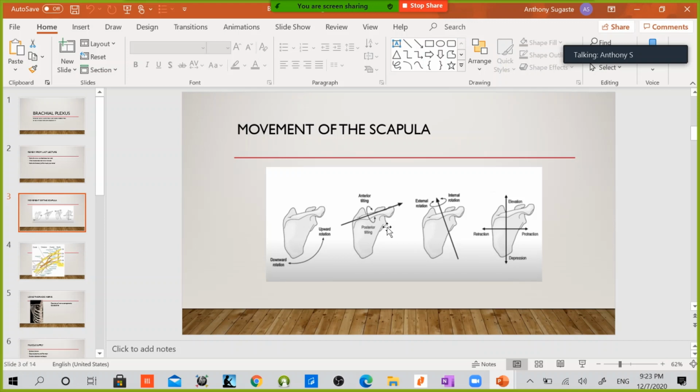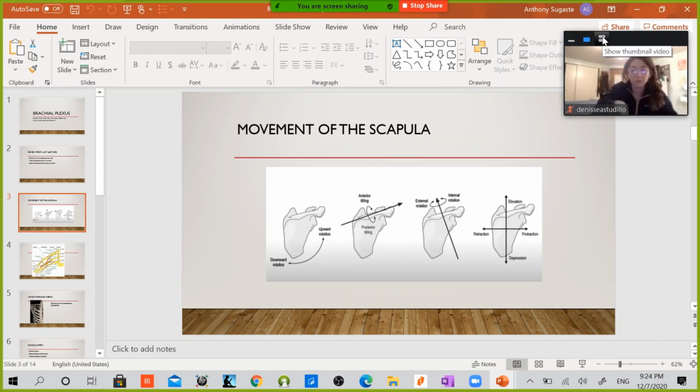External and internal rotation, like I was saying, is what the rhomboids major and minor do. Internal rotation, external rotation mimics the glenohumeral joint, like the rotator cuff muscles. And then you have elevation, depression, raising your shoulders up, pushing your shoulders down. Those are the motions that we're looking for. And then retraction, protraction.